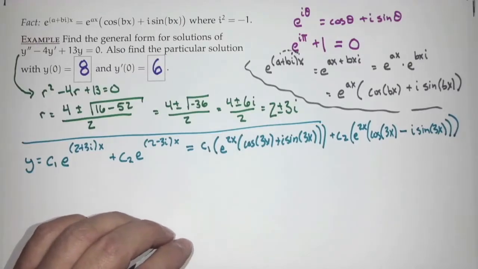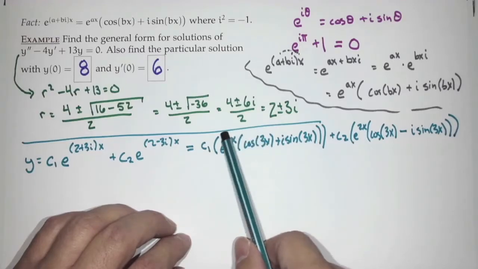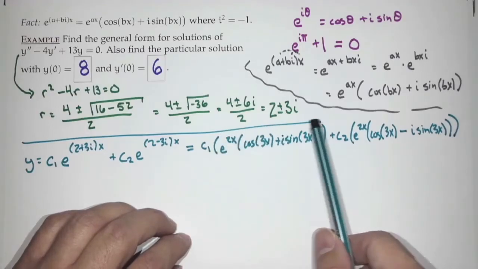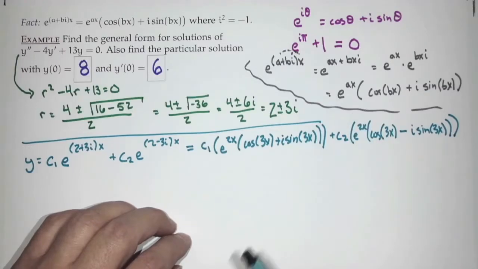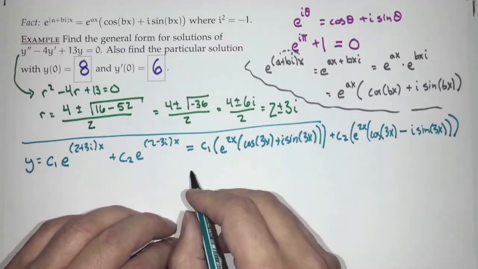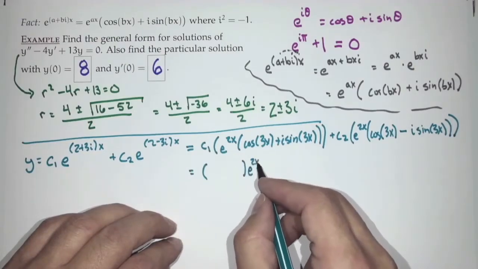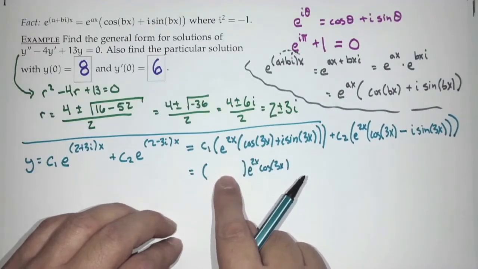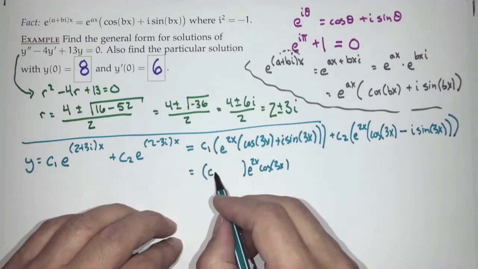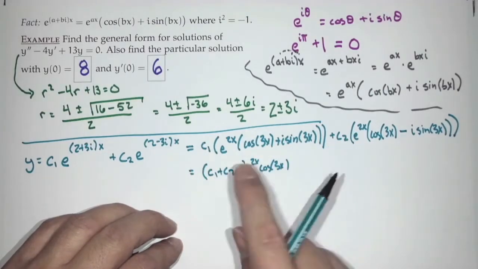Well, we notice we have e to the 2x cosine 3x, and we have e to the 2x cosine 3x. Let's put them together. If I combine my e to the 2x cosine 3x's, how many do I have? What goes in front here? C1 plus C2. I have a C1 here and a C2 there.